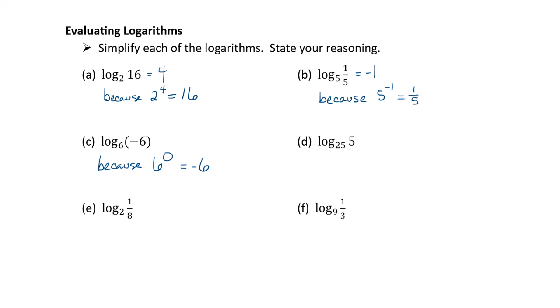If I were to put some kind of fraction exponent, it's going to make the number smaller, but it'll still be positive. If I put a negative exponent on the 6, it'll again make it smaller, but it's not going to make that number negative. There is nothing that is going to cause 6 to become negative 6 as an exponent. So this does not exist.